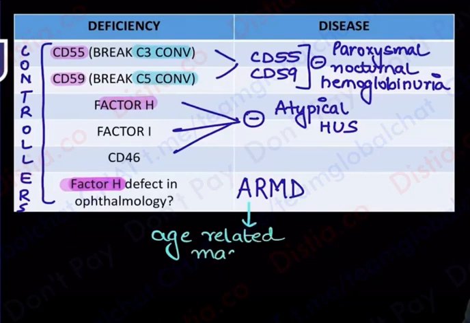Age-related macular degeneration, that is because of factor H defect. So this is basically trying to tell you all the relations of complement systems that are going to come in the future in your life, be it in path or be it in other subjects. So remember, CD55 and 59 are PNH, factor H, factor I and CD46 are atypical HUS, factor H in ophthal is age-related macular degeneration.